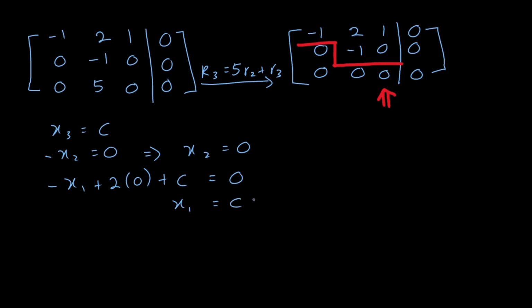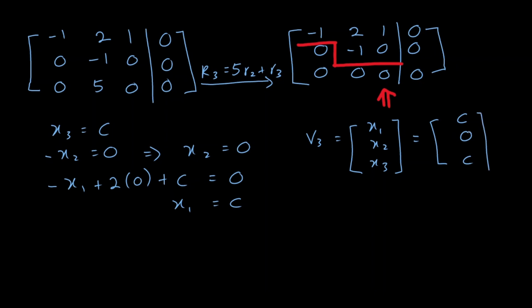So, our final eigenvector v3 would be x1, x2, x3, which is c, 0, c. Factoring c out, I have now 1, 0, 1.